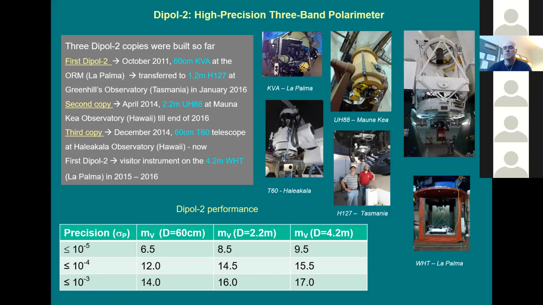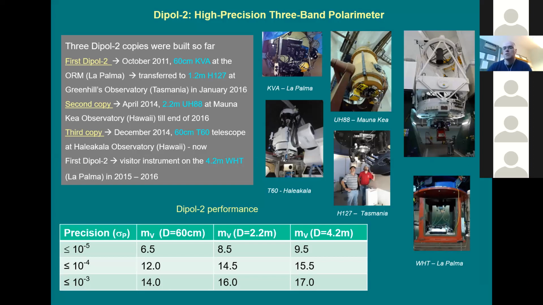The second copy, commissioned in April 2014 on the 2.2 meter UH88 telescope in Mauna Kea, was used as a visitor instrument till the end of 2016. And the third copy was commissioned and installed starting from December 2014 on the 60 centimeter Tohoku telescope in Haleakala Observatory, Hawaii. So this is our workhorse, and we use it extensively up to now.